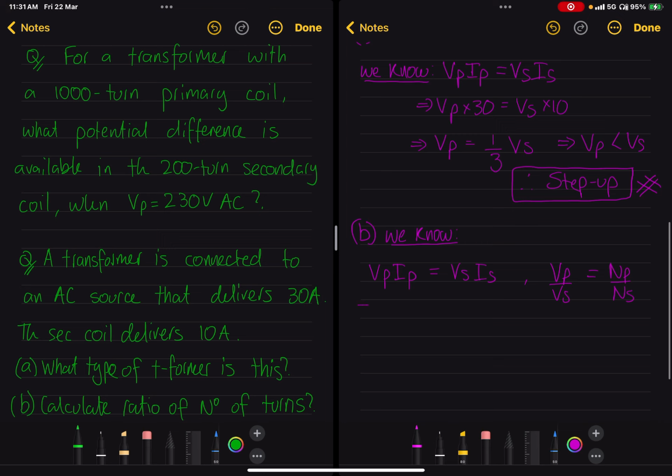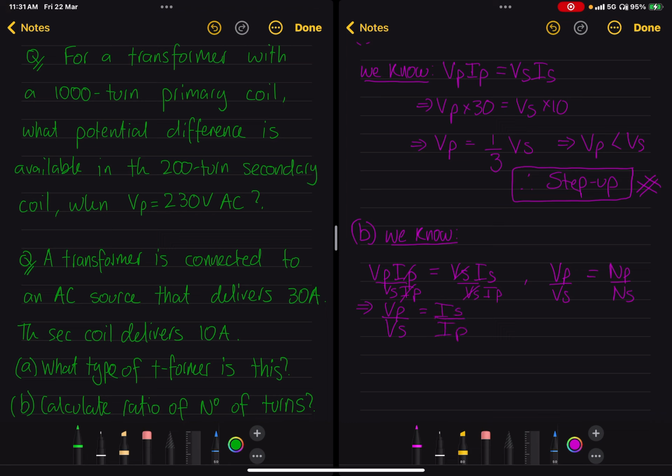So we're going to rearrange this first one, divide both sides by Vs, divide both sides by Ip. This cancels these Vs's, cancels these Ips. It gives us Vp on Vs is equal to Is on Ip.